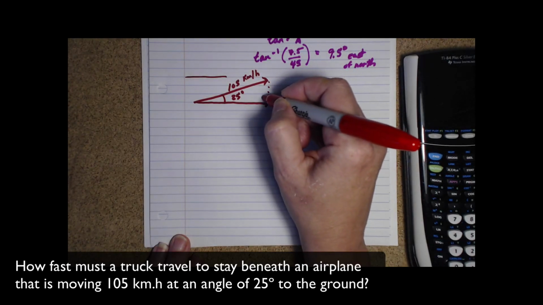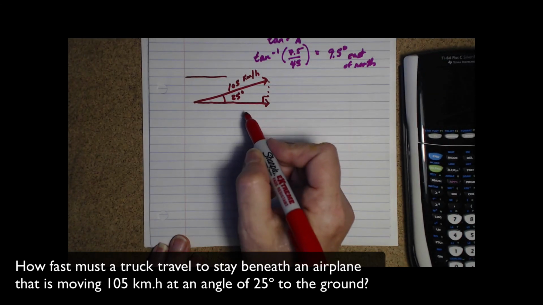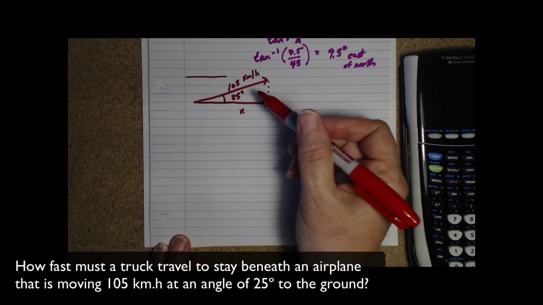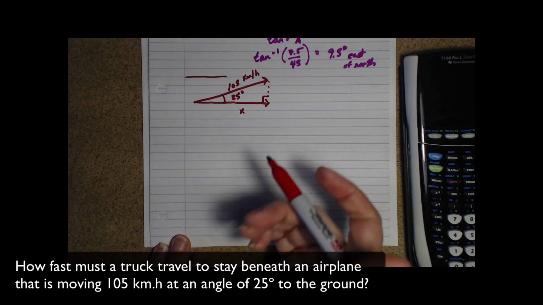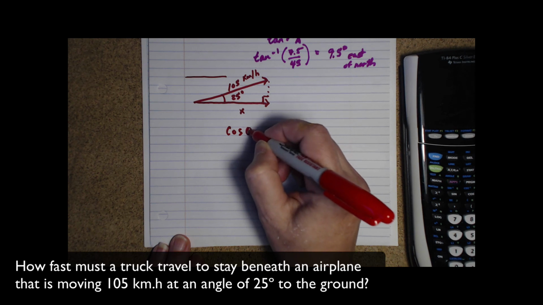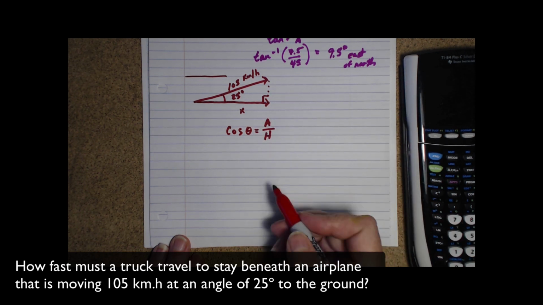Notice here's our right triangle. So this side is our x side. So what trigonometric ratio will we need to use if we have the hypotenuse and an angle? If you guessed cosine, you're exactly correct. Remember, the cosine of an angle theta is equal to the adjacent over the hypotenuse.